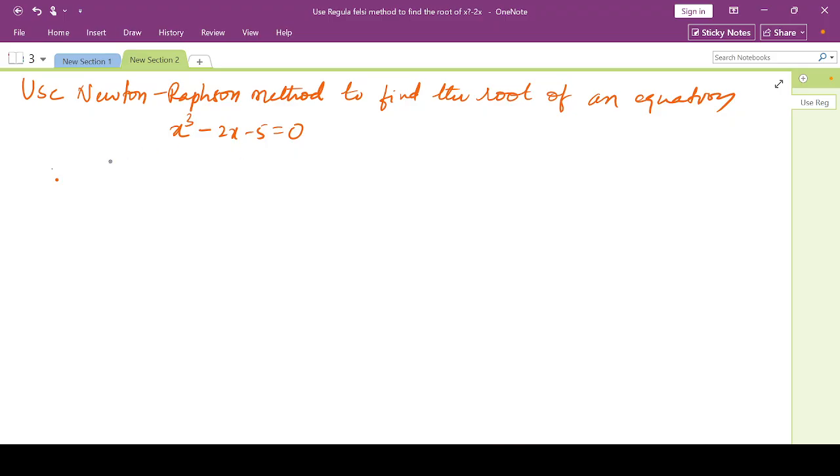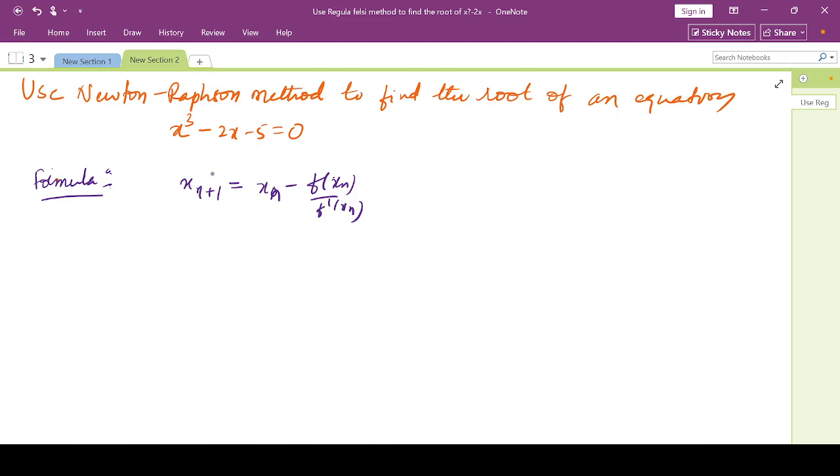So now, as usual, we first write the formula. What is the formula of the Newton-Raphson method? The general formula, as you are already aware, is x n plus 1 equal to x n minus f of x n divided by f dash of x n. We apply this formula iteration-wise.